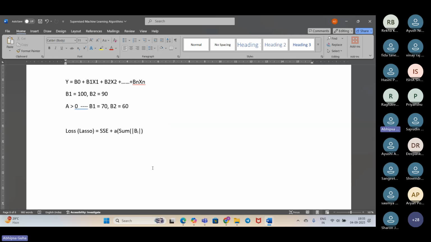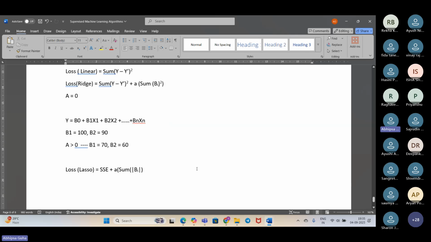So lasso offers feature selection, but ridge does not support any feature selection. As for the use case, in case of ridge, we are preventing overfitting, and it is also used in case of multicollinearity. If there is any multicollinearity seen in the data, in that case we can think about ridge regression.